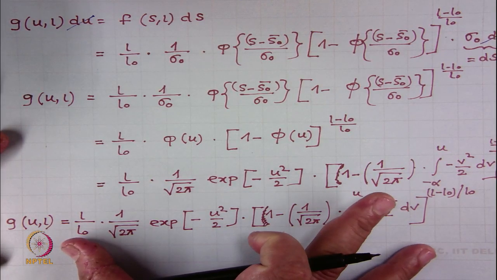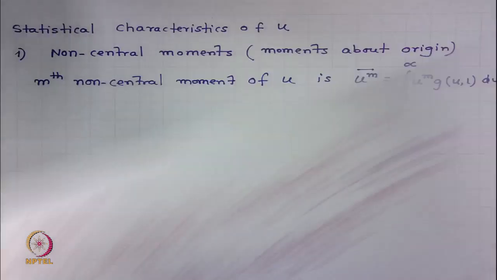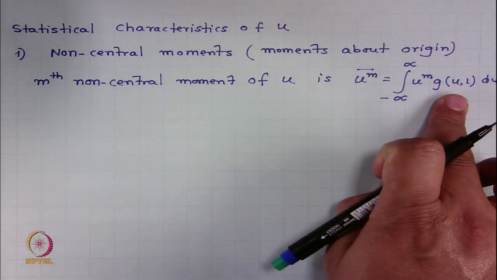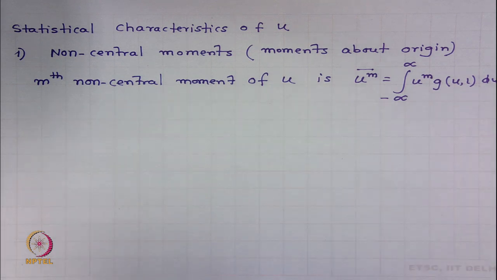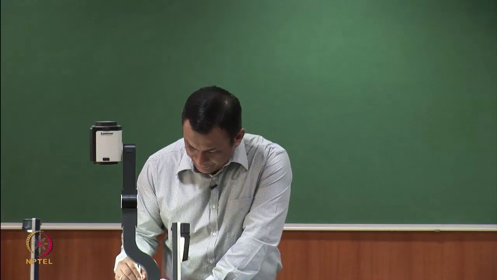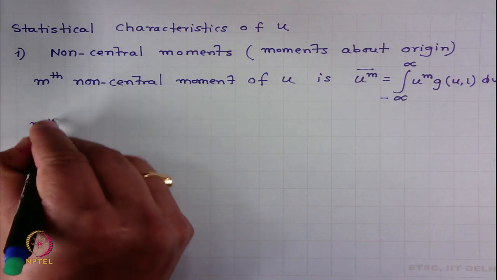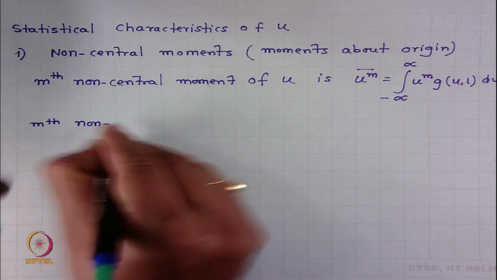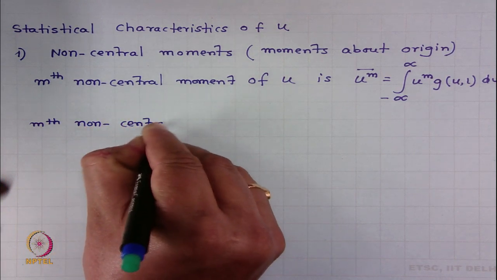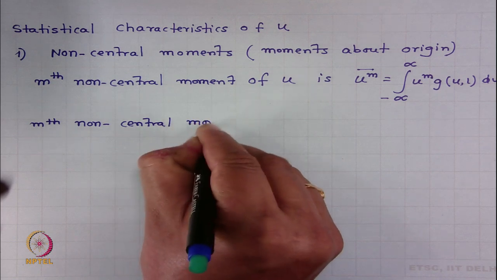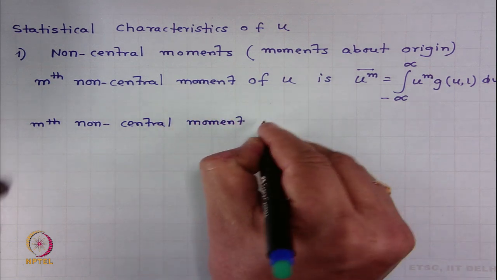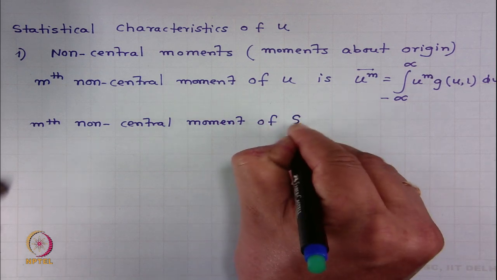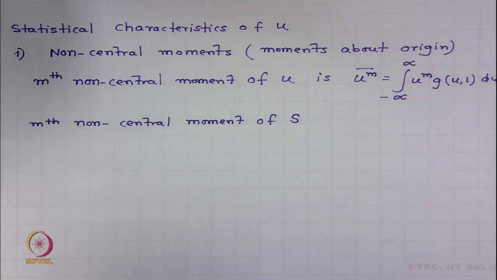If you substitute this long expression here and solve that integration, you will come to know the mth non-central moment. Similarly, you can express the mth non-central moment of S. From U also you can obtain S.